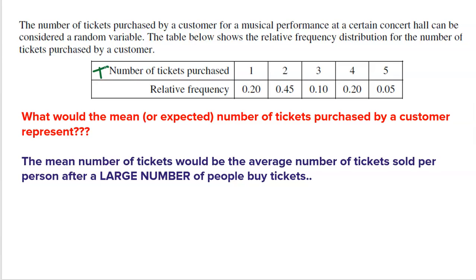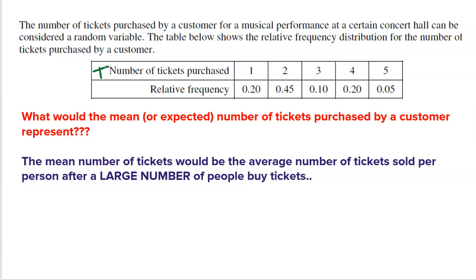So if I said to you, okay, the phone rings, a customer is about to purchase some tickets. How many tickets do I expect that phone call to sell? Now, I haven't answered the phone yet, but what do I expect? Well, the mean would be what I expect, right? That would be the mean number of tickets purchased by a customer.